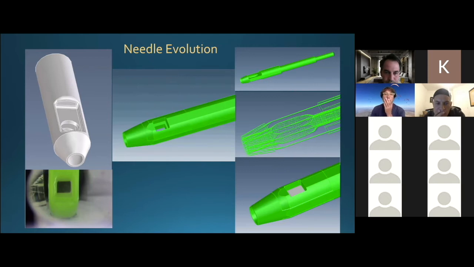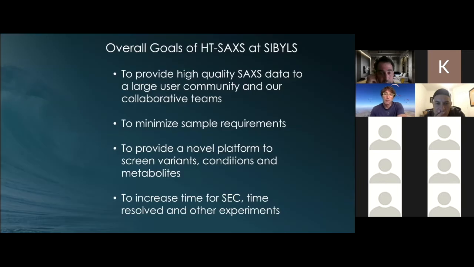Let's see. So what are our overall goals? It's to provide the highest quality data to the largest user community we can. We want to minimize what you need to send us. And we want to provide a novel platform for screening variants, conditions, and metabolites.